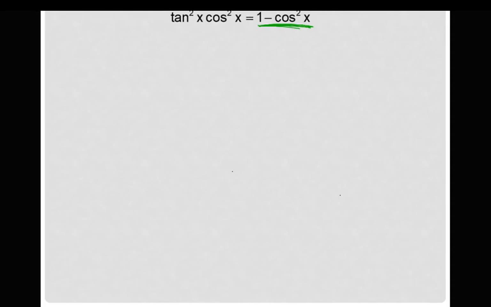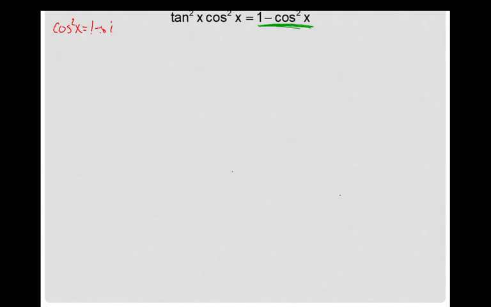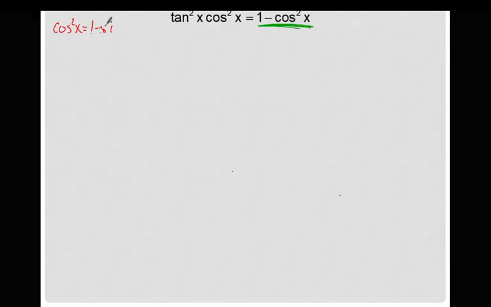Now, if I wanted to, I could change cosine squared. Cosine squared x is 1 minus sine squared x. I could use that and change it to that, sine squared x. But here's the thing. My answer has cosine in it, so why would I want to change cosine? So I'm going to change tangent.